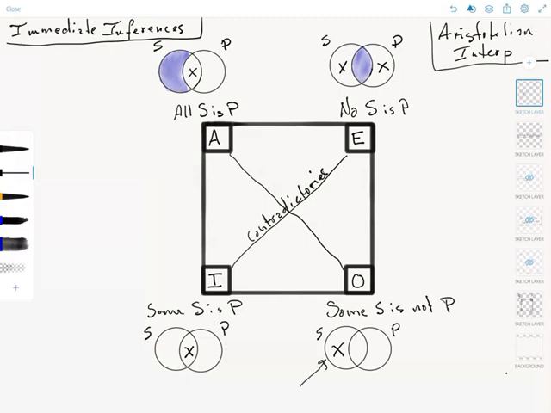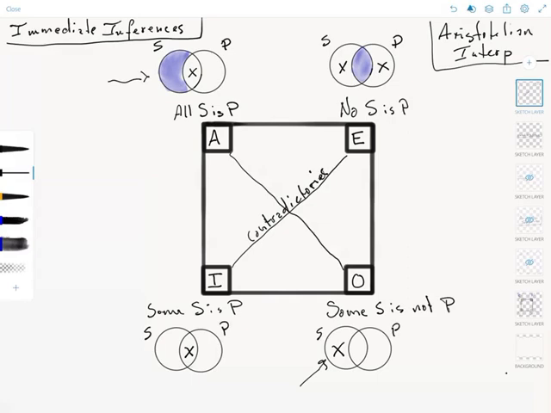So if this diagram represents something asserted to be true, then the other diagram says something that directly contradicts this assertion. Now, technically, diagrams don't assert anything. They just represent assertions.